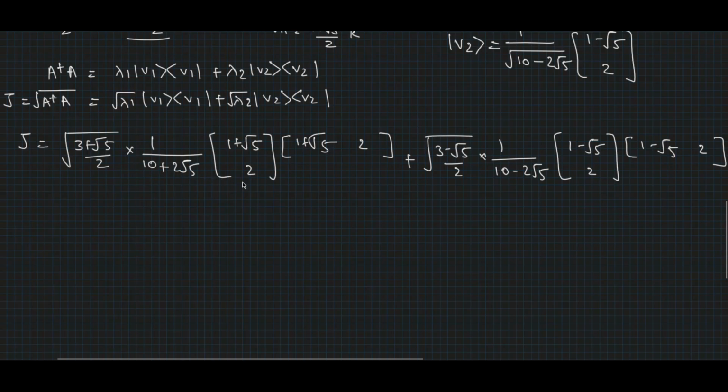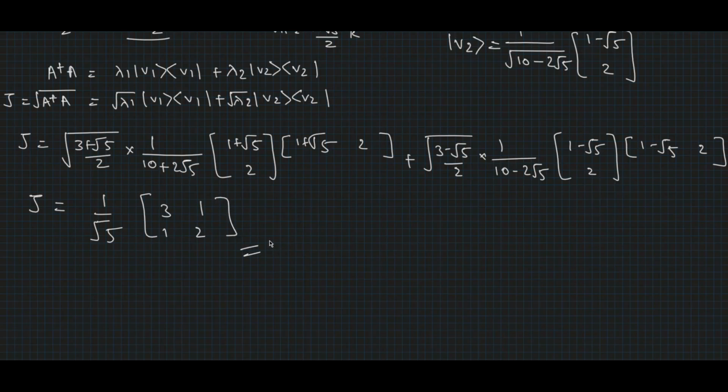Now multiplying these terms and the matrices and adding them, we will eventually get j is equal to 1 by root 5 times the matrix (3, 1; 1, 2). So this is the value of j.